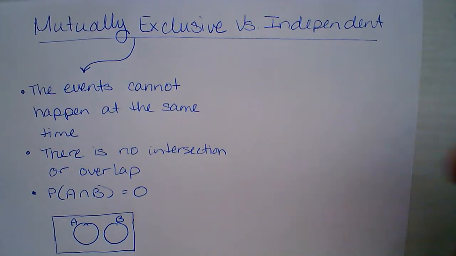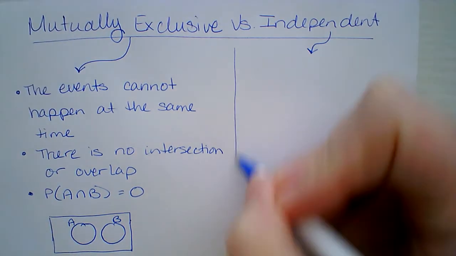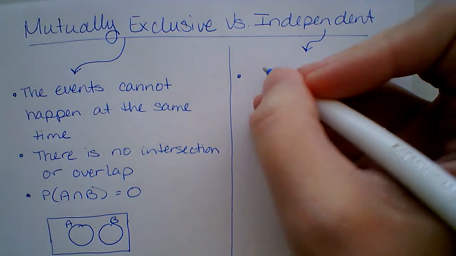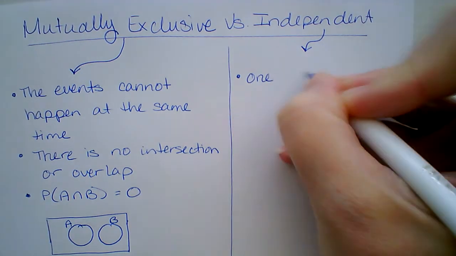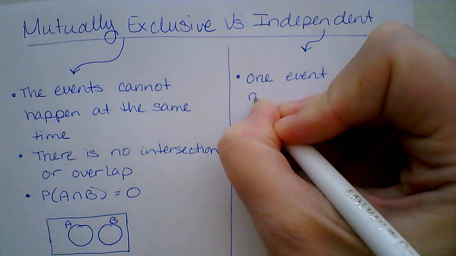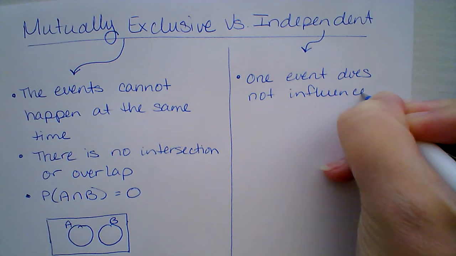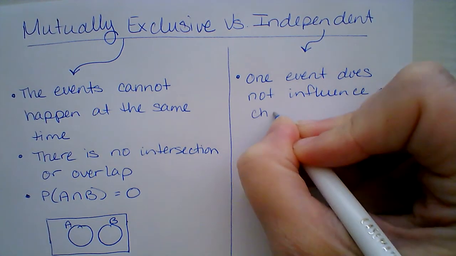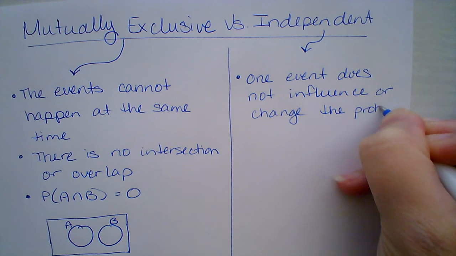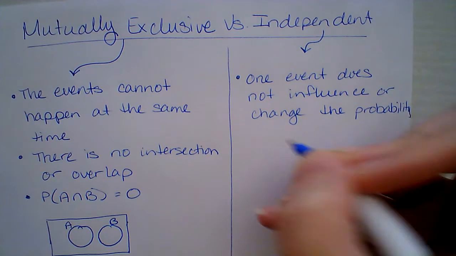Now, independence is actually a very different situation. If two events are independent, this means one event does not influence or change the other, or the probability of the other.